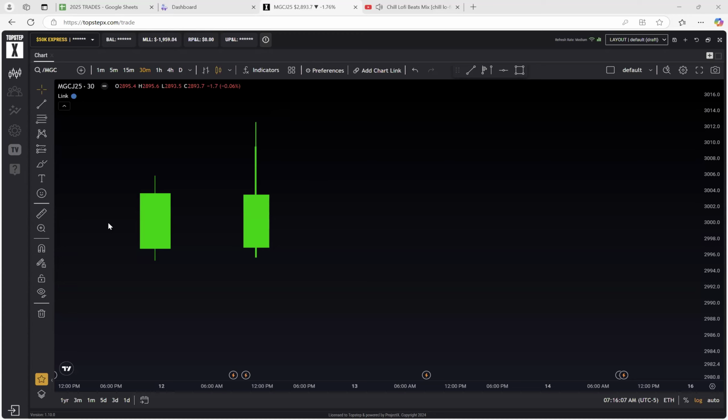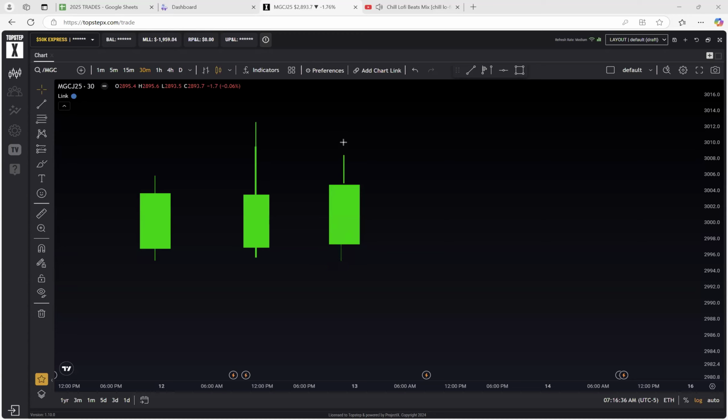All right. A wick fill is when the wick of the candle is not bigger than the body. So we have a body, and we have a top wick and a bottom wick.